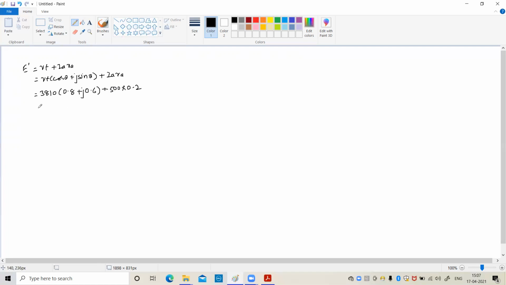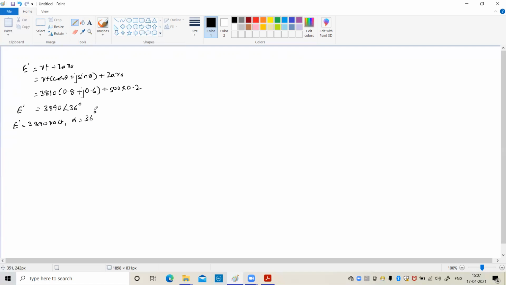So the magnitude of E dash is 3890 at an angle of 36 degrees. So here E dash magnitude is 3890 volt and angle alpha is equal to 36 degrees.